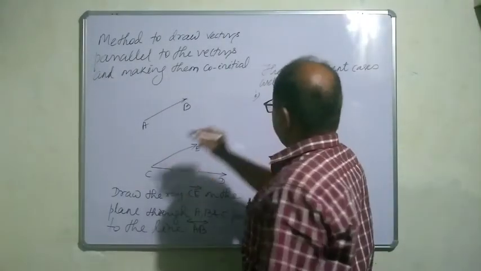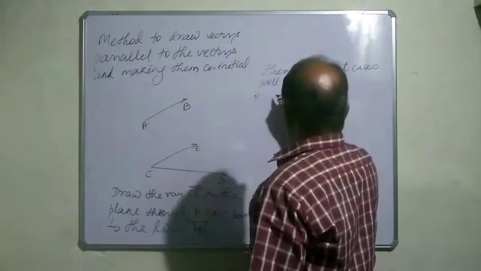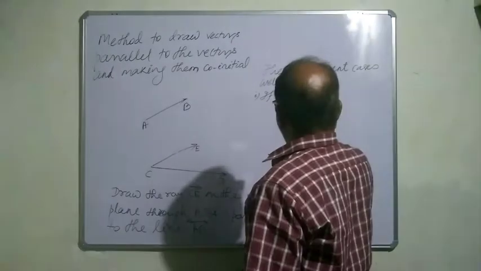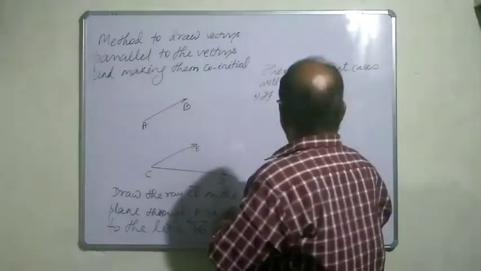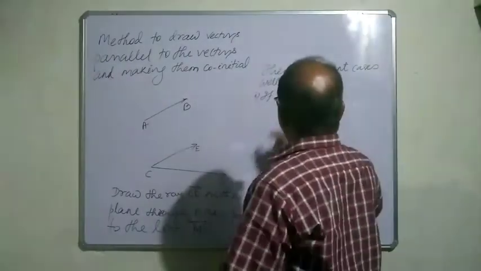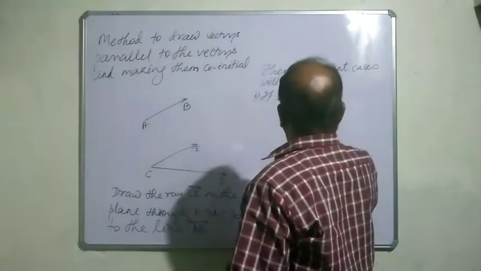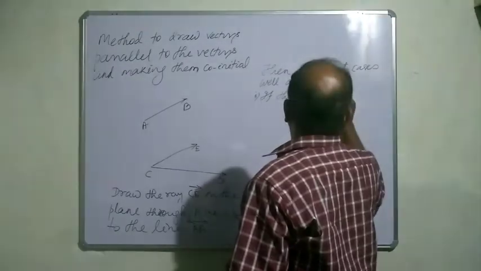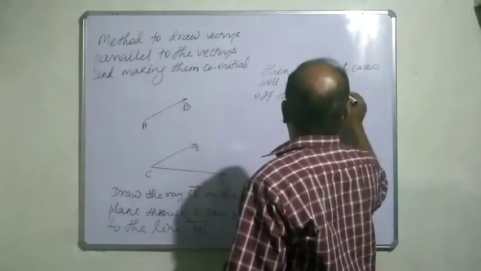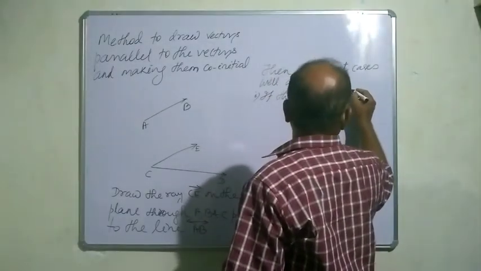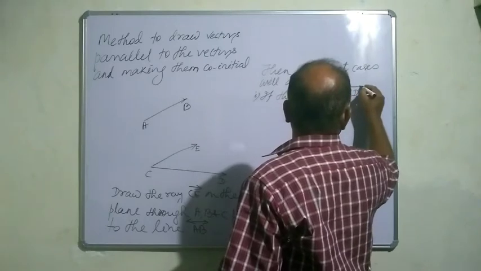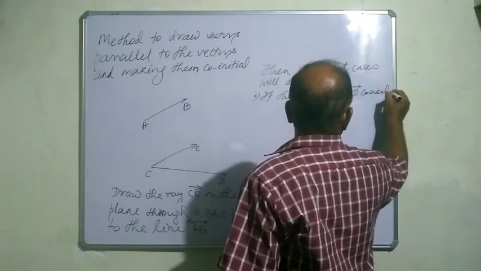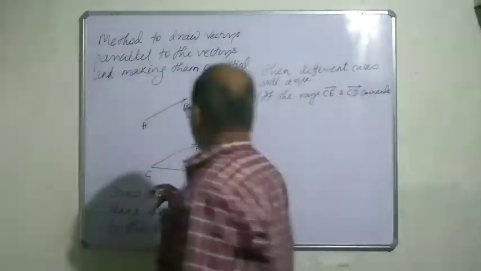Number one, if the rays CE and CD coincide, these two rays will coincide.